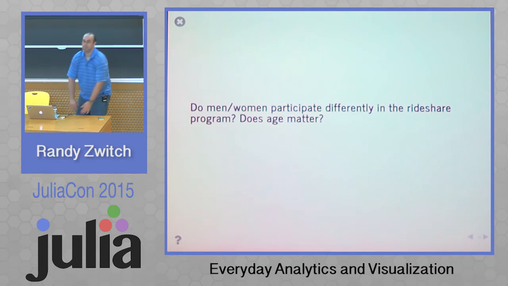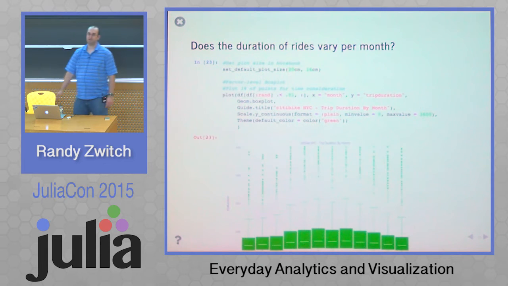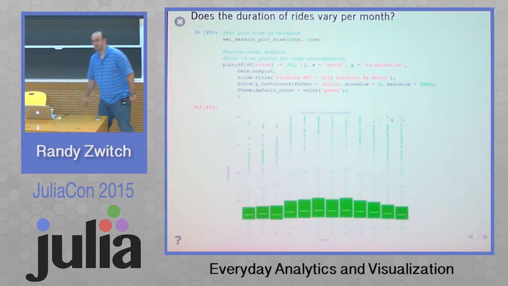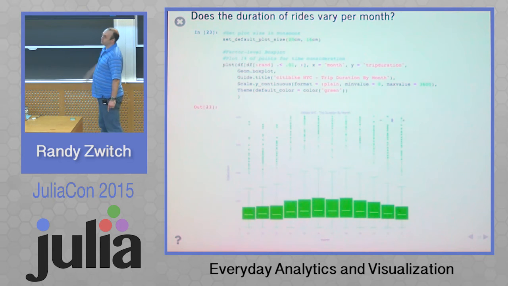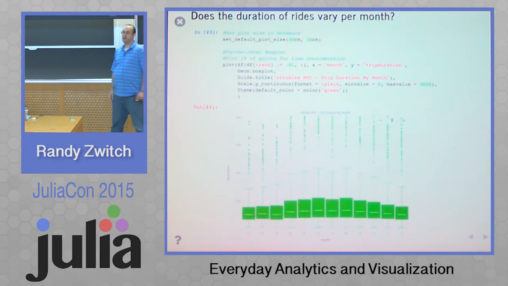Okay. The dots represent potential outliers. I'm not exactly sure which Gadfly uses in terms of the endpoints of the whiskers, if it's 95 or 99%, but all of those dots represent points that are potential outliers in the month, where the ride was so long that you may want to actually investigate.